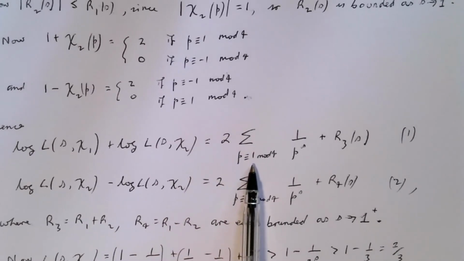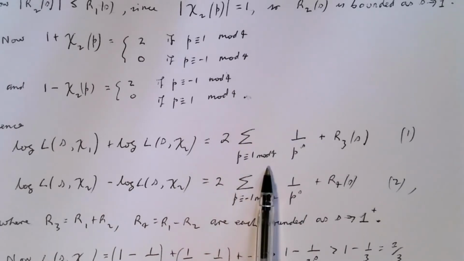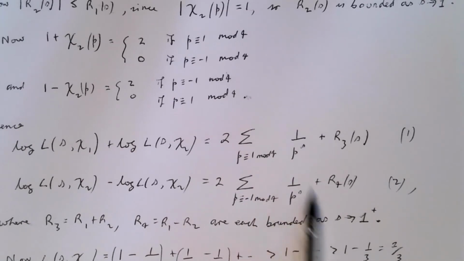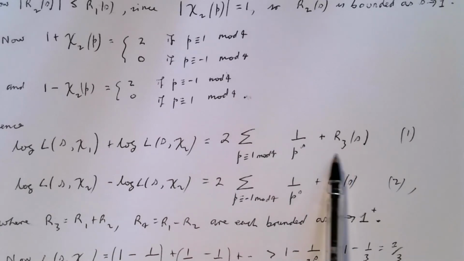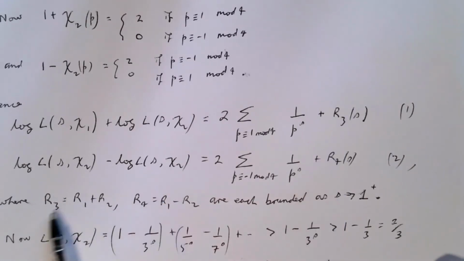And so I'm simply going to get twice the sum of 1 over p to the s, p congruent to 1 mod 4, because in that case chi2 of p is 1, and I can combine that with the 1 over p above, and I get 2 of those, plus another remainder term, which is just going to be R1 plus R2. So R3 is just R1 plus R2, and these are bounded.